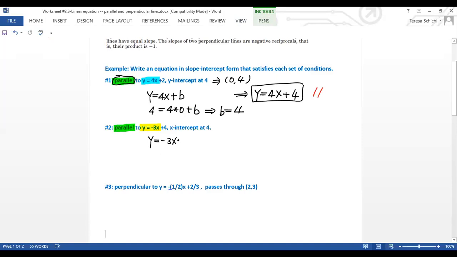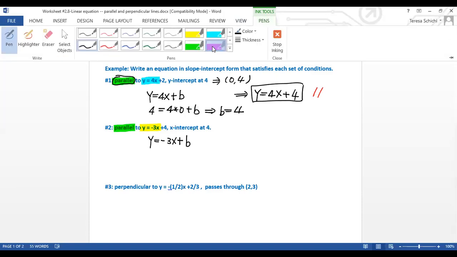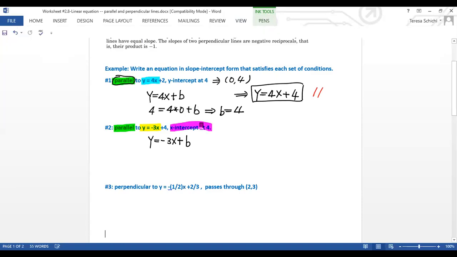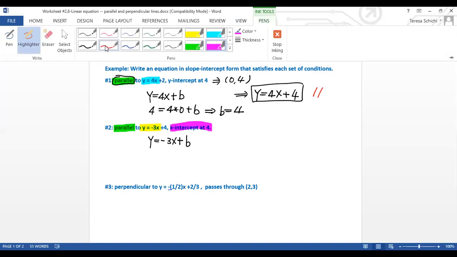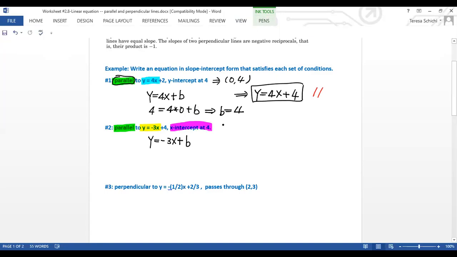Then you want to solve for b, so negative 3x plus b. Now the information they give you is the x-intercept. What does x-intercept mean? It means x equals 4, and y equals 0, because intercept here means y equals 0.